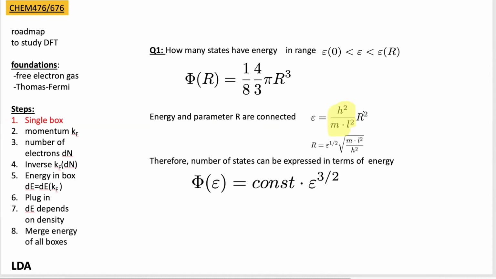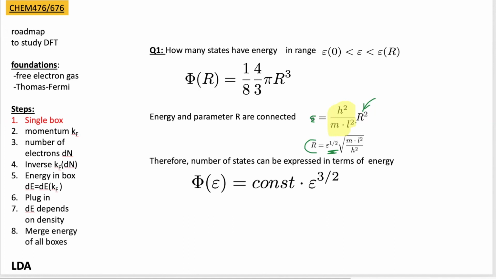So we have this radius squared, which includes quantum numbers nx, ny and nz, then a product of constants, including the size of the box, and then it gives energy, right? Now, let's invert this equation and express the radius, which is not well defined, in terms of the energy, which is really well understood.